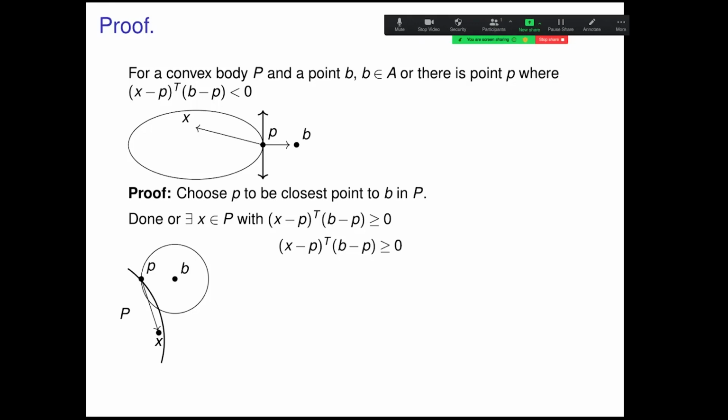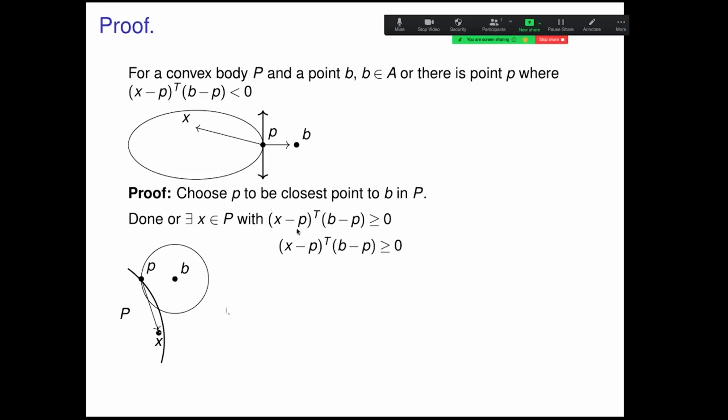Let's look at the picture. What this means is there's this vector in this direction, and this dot product is positive, from x to p minus x. Okay, it should be x minus p. This dot product is positive, because that's what this says.